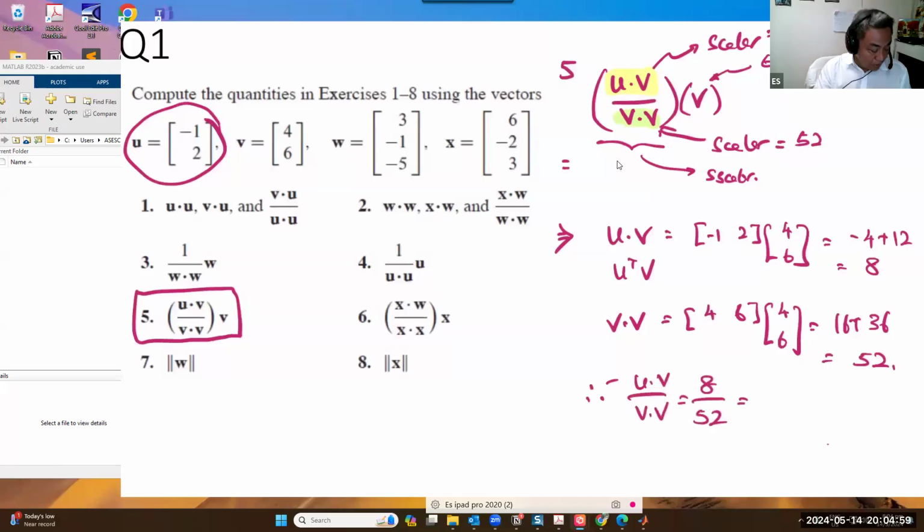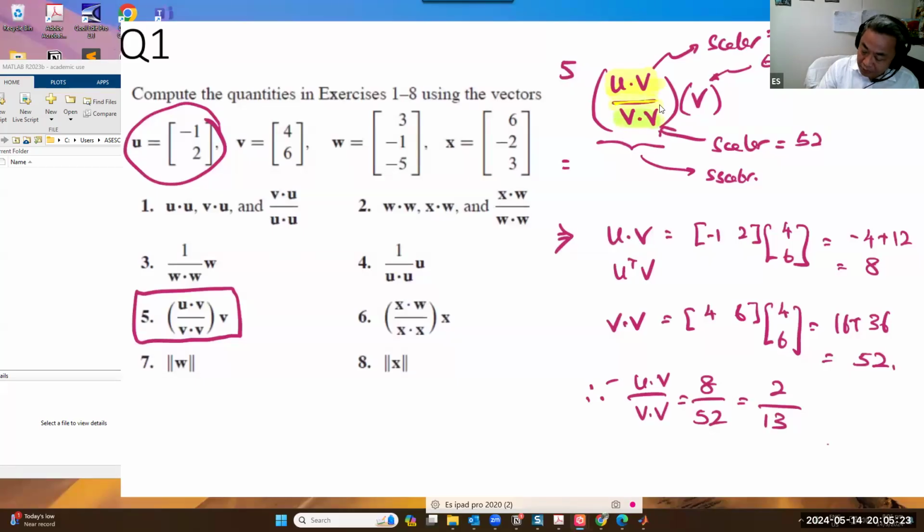And the answer is, what's my answer, guys? Divided by 4 is 2. Divided by 4 is 13. So it's 2 over 13. All right. So I have 2 over 13 for this. I'm going to shade this yellow now.